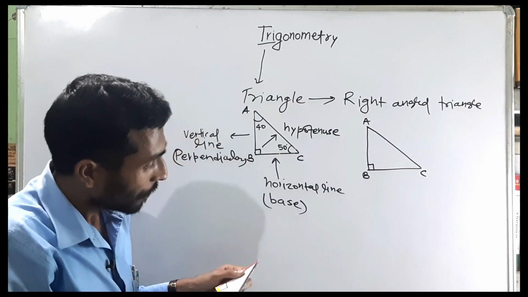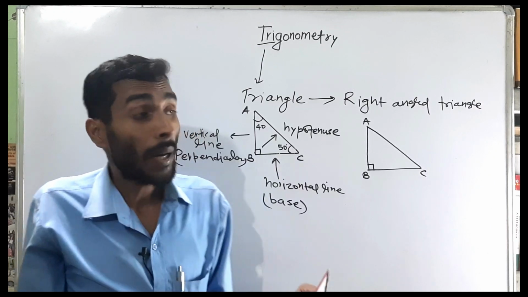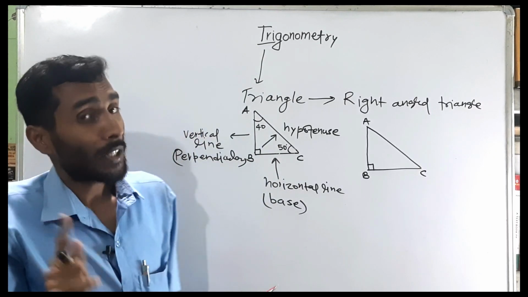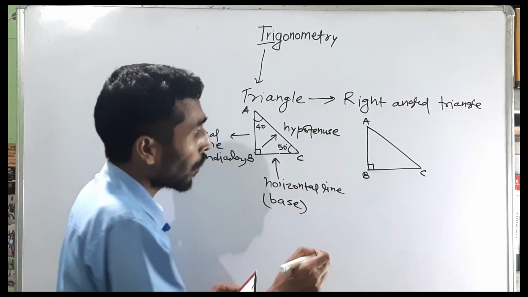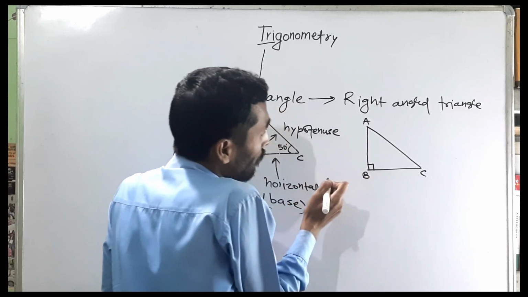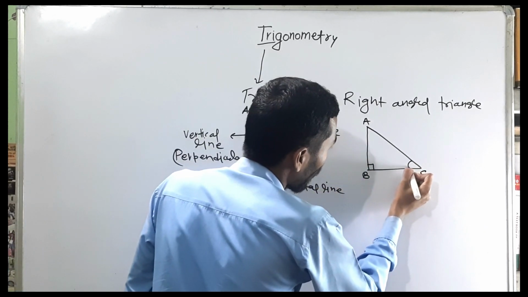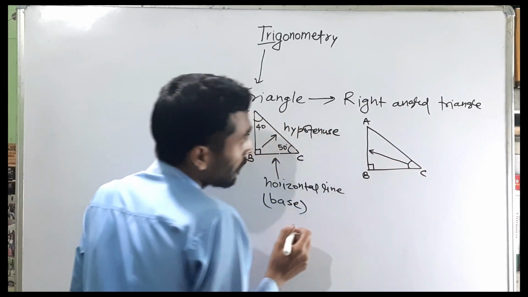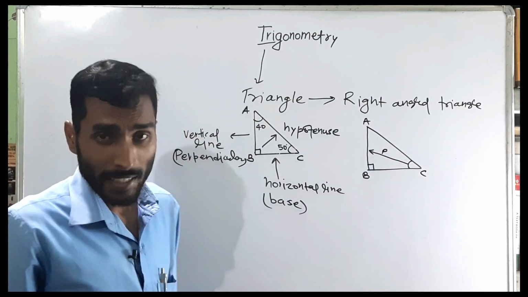In the case of hypotenuse there is no contradiction, but in the case of perpendicular and base, for a particular acute angle we define perpendicular and base. If we are talking about angle C, then the side opposite to that particular angle will be P, right?